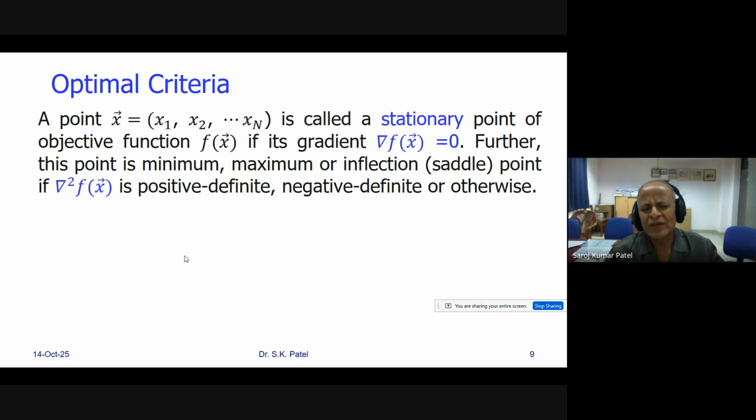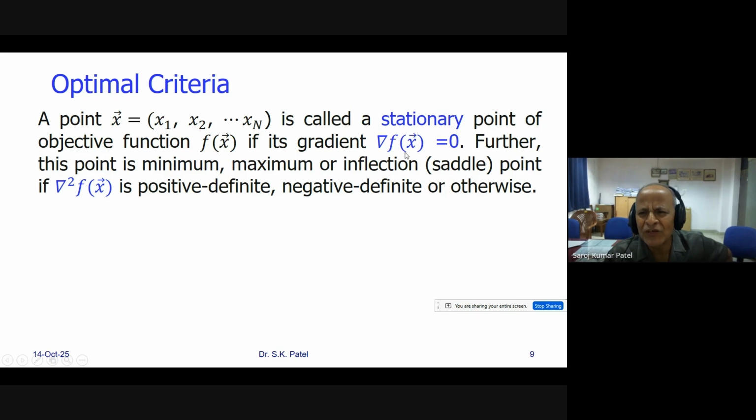Now let us first discuss the analytical method, just like single variable. Then we will go to the numerical method. So here also it is the same. In a multivariable problem, the point vector x will be a stationary point of the objective function f of x if the first derivative, that is the gradient, is 0.